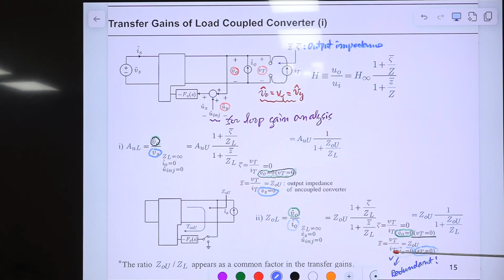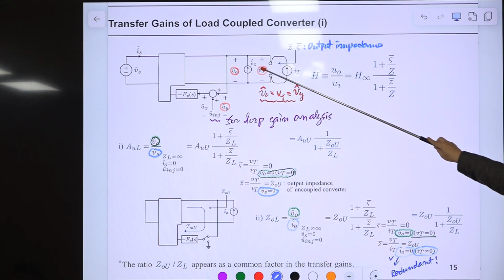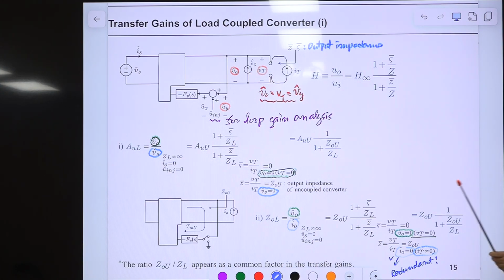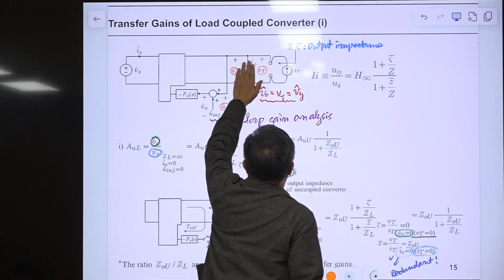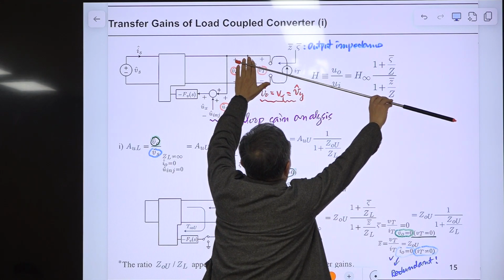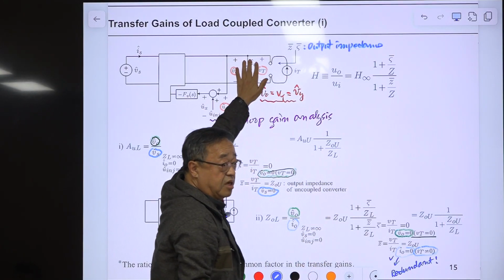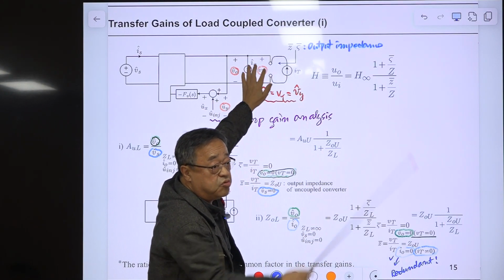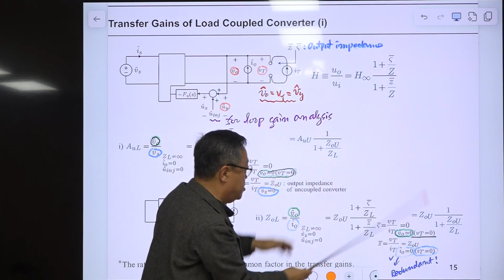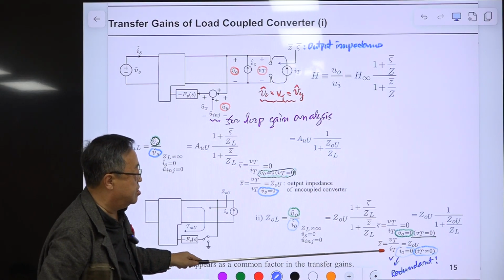And G bar is the ratio between this, and the condition is IO is 0, but this is redundant, so it really doesn't matter. Then you just take a look at this and find the ratio between this and this. This should be removed to evaluate this, so this information is just redundant.